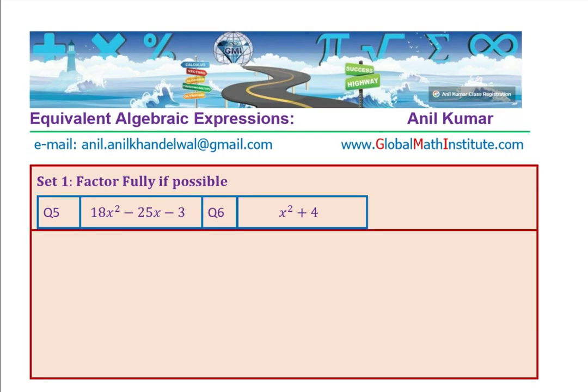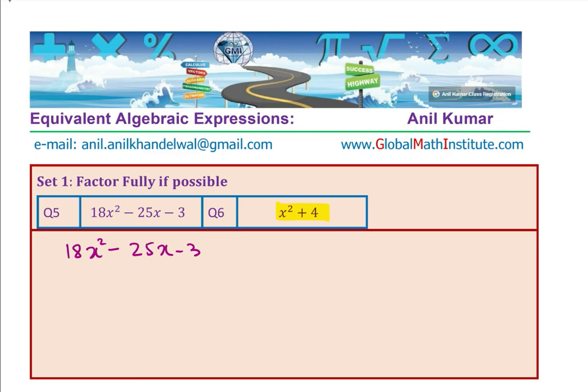The question here, we have two of them. We have 18x squared minus 25x minus 3. And the other one here is x squared plus 4. Well, let me talk about x squared plus 4 first, right? X squared plus 4 is never 0, right?